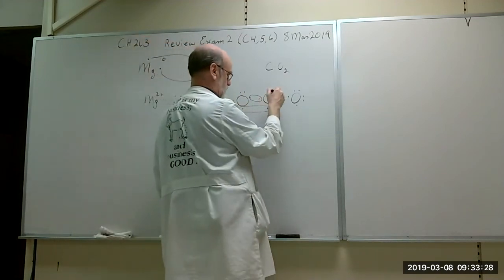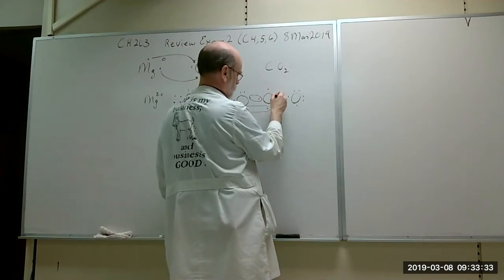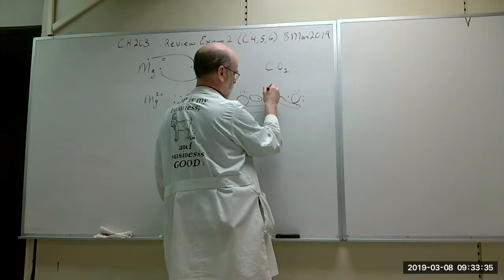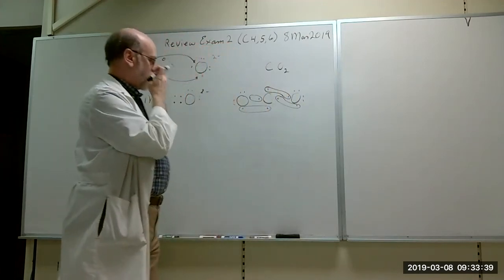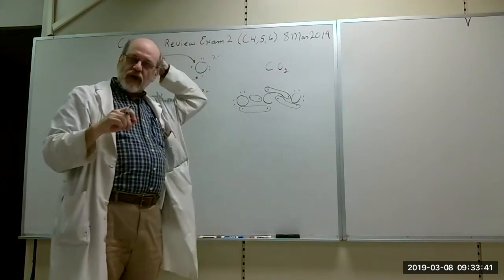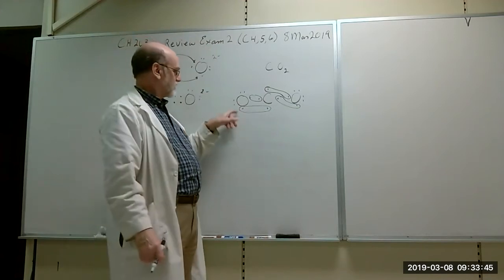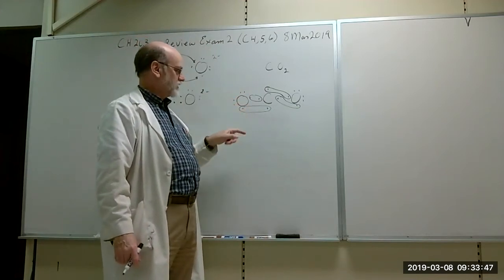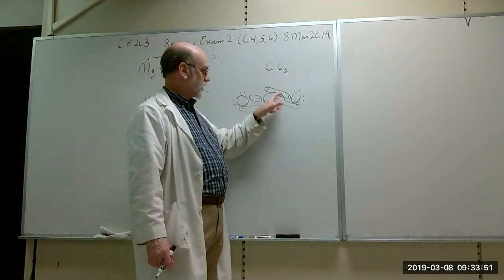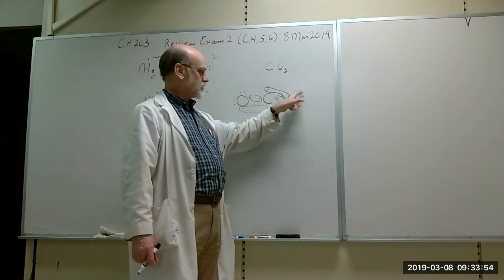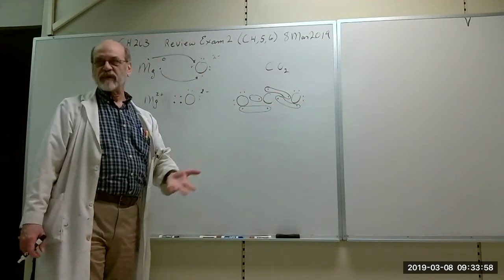And this oxygen is going to share this one, and this one. Okay? So now, if you ask oxygen how many electrons it has in its outer shell, it's going to say 8. 2, 4, 6, 8. If you ask carbon how many it has, it's going to say 2, 4, 6, 8. And that one's going to say 2, 4, 6, 8. So sharing makes them think they have a complete octet.